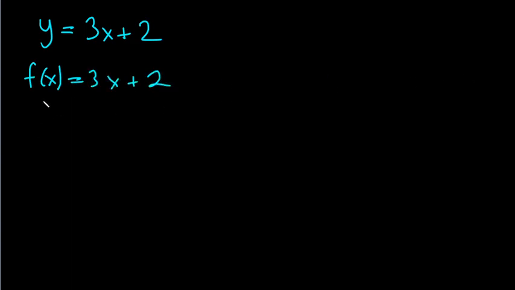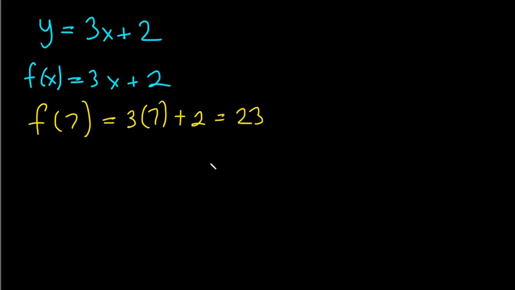And so if I ask for f of 7, you would immediately know what to do. Just replace x with the number 7. So this is 21 plus 2 would be 23. So now we're assuming, of course, that 7 is in the domain.